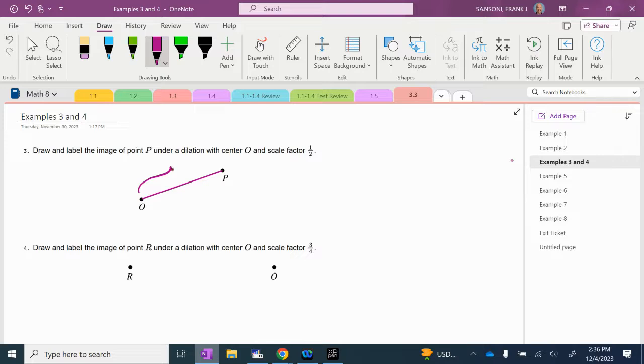So if OP is 4, then what's half of 4? 2. So go 2, always start at O, go halfway. You could probably just figure out where halfway is without even measuring it. Put P prime. And that has to be half of the original, and half of the original is 2.